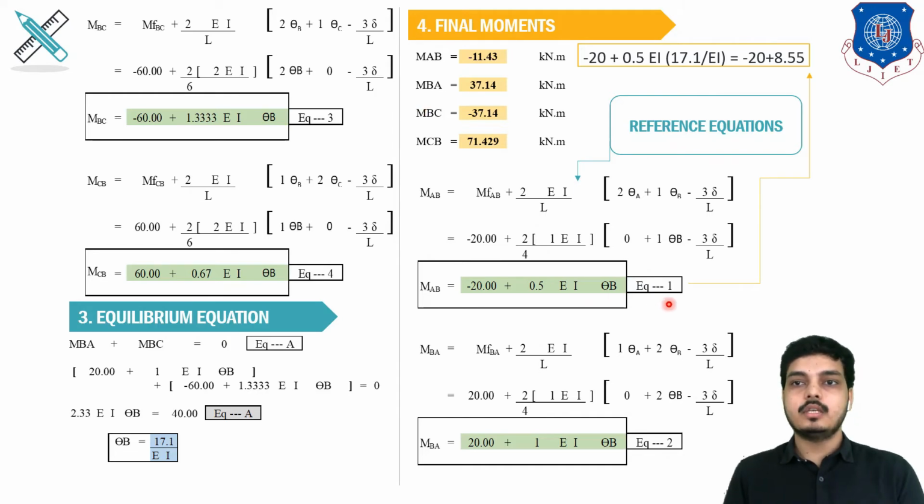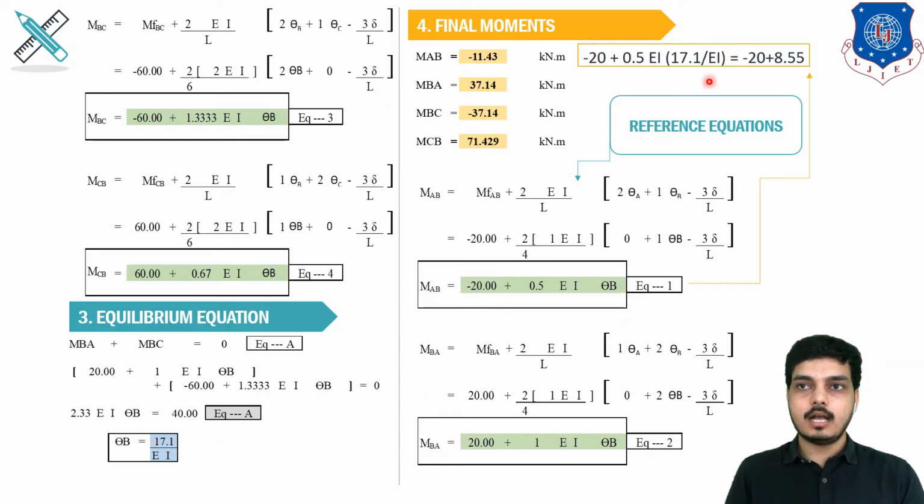Equation number 1 was minus 20 plus 0.5 EI theta B. I just have to put the value of theta B, which is 17.1 upon EI. So minus 20 plus 0.5 EI, and in place of theta B put the entire value 17.1 upon EI.